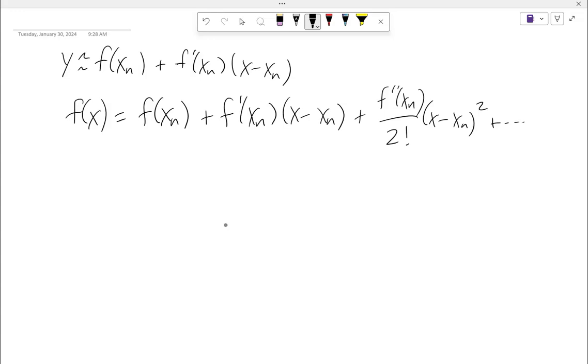Now, you don't prove it in Calc 2 or Calc 3, but Taylor's theorem says that if I want the exact value of the function somewhere where it converges, then I can always replace that end piece with a value evaluated somewhere between the x that you're looking at and the x sub n, or the center, I should say.